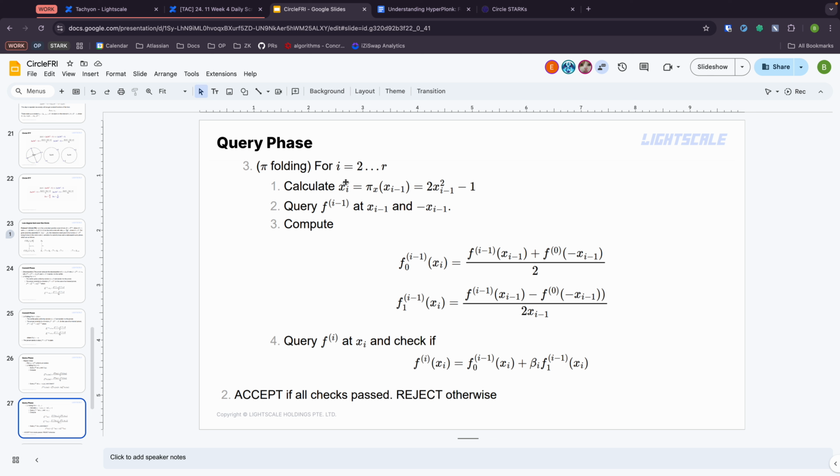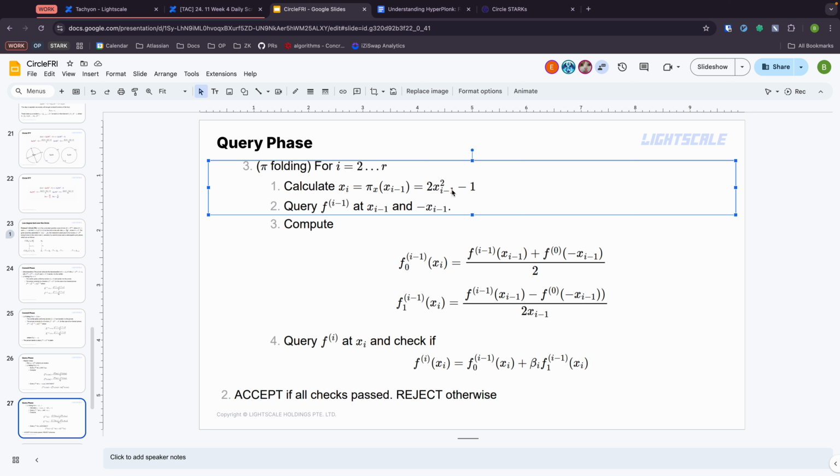And in the square folding, we also verify the square folding here for i from 2 to r, and here the next x is defined as the, oh, this should be square. This shouldn't be px, this should be square, this should be just pi.